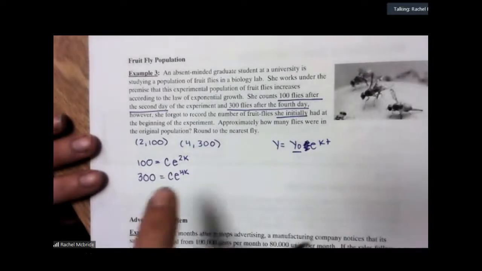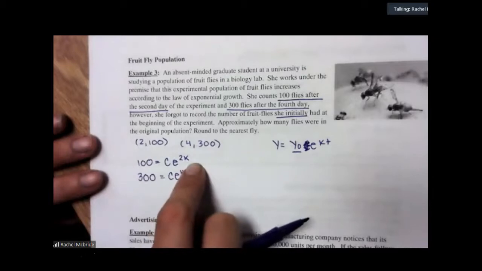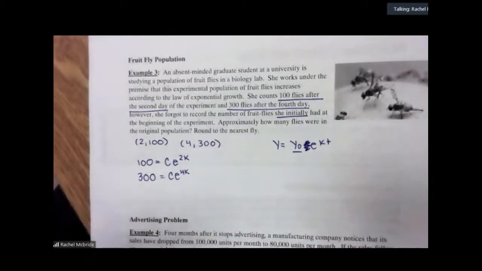So what could I do to kind of get to a point where I could solve for k? So if you had two variables and we have two equations, what's a technique we learned in algebra to solve for one of our variables? Go ahead, Maddie. Yeah, kind of like a system of equations. So if you think back to systems of equations, our two methods are substitution or elimination.